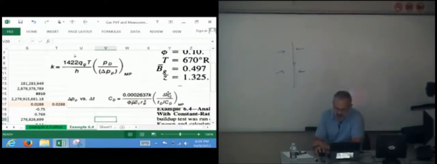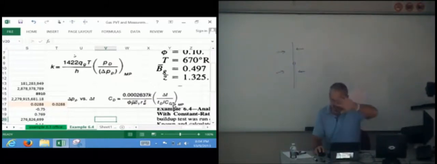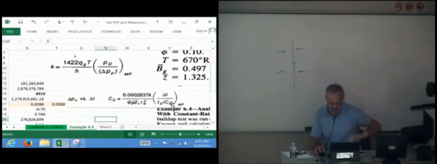So I currently have a delta T over T sub D, C sub D match point. This is the one I may have to reciprocate, because I actually have the reciprocal of that. I have what I multiply delta T's by. So I'm going to have to be careful here because I'm going to divide instead of multiply.